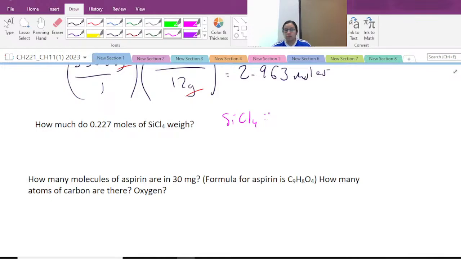I just added the one silicon molecular mass to chlorine's times 4.